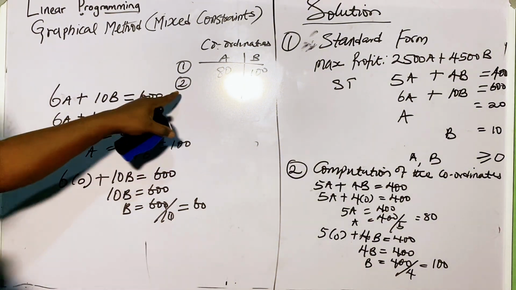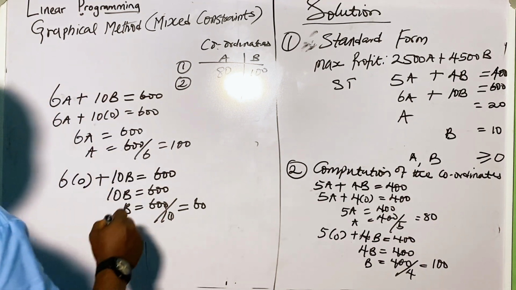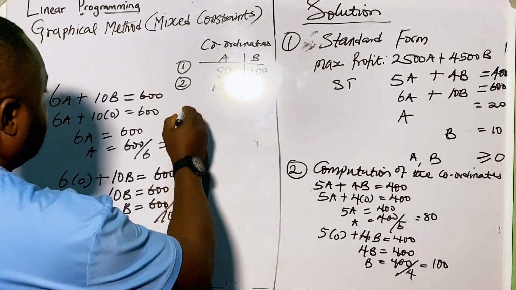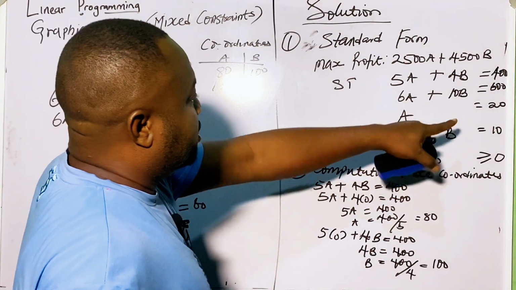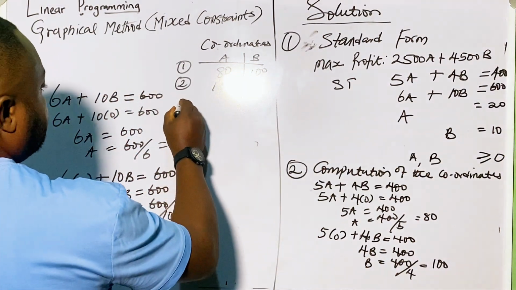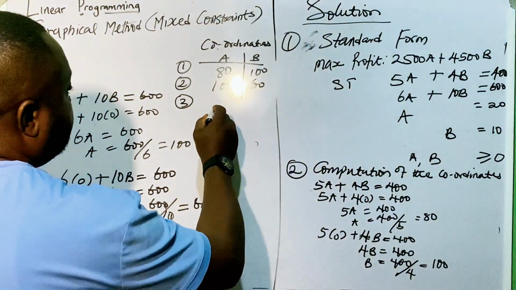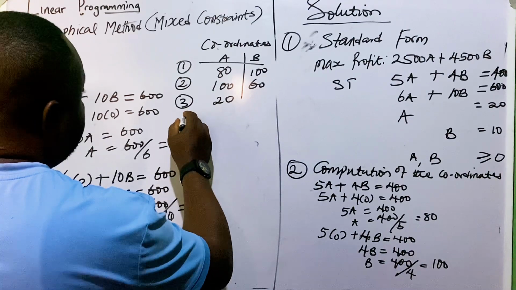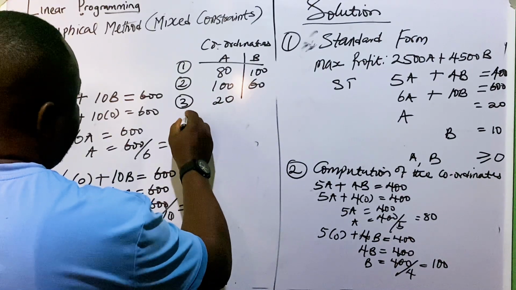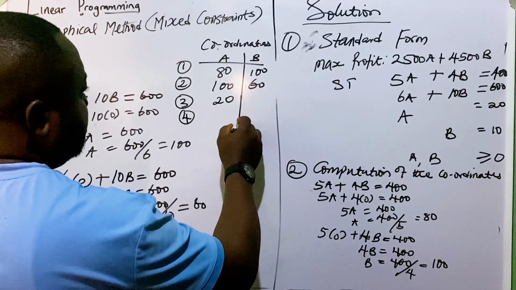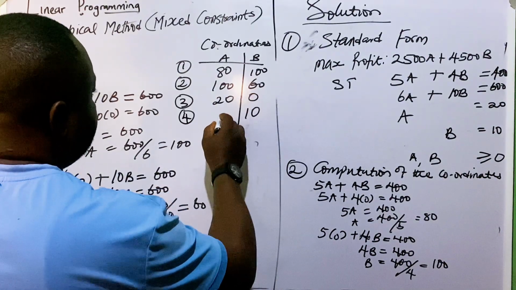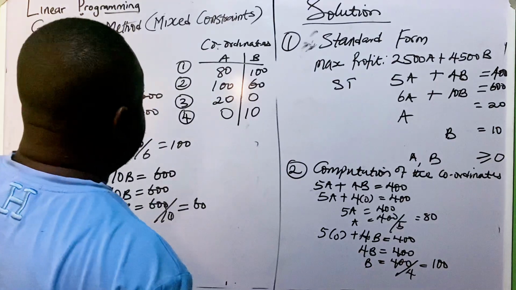So in constraint 2, we have A at 100 and B at 60. Of course, for constraint 3, for A we have 20, and for B we have 10. So of course this is 0, this is 0.